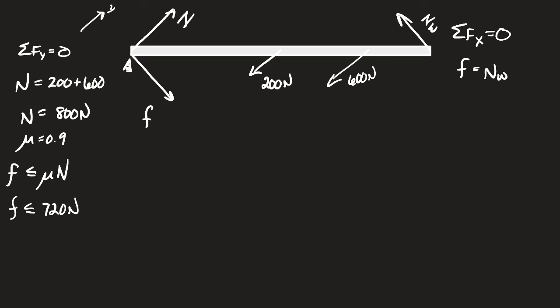If the torque from the wall attempts to exceed the normal force maximum, then the wall will attempt to provide a force greater than the torque you can get from 720 newtons. This is the maximum. Right?